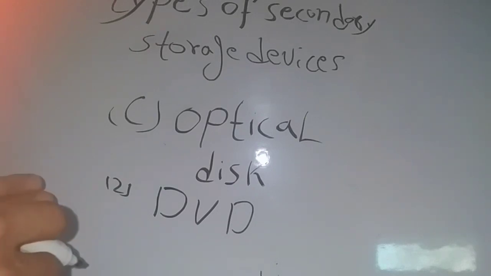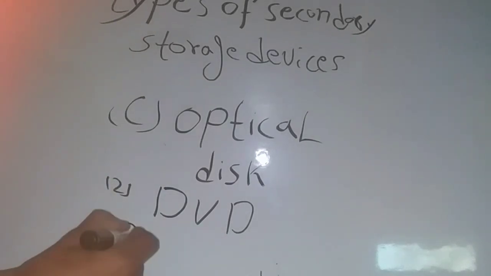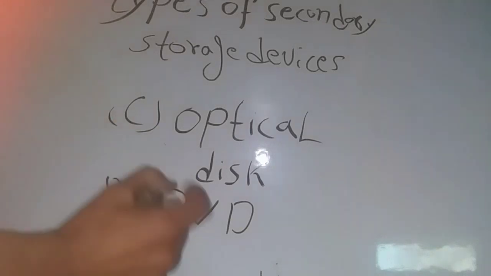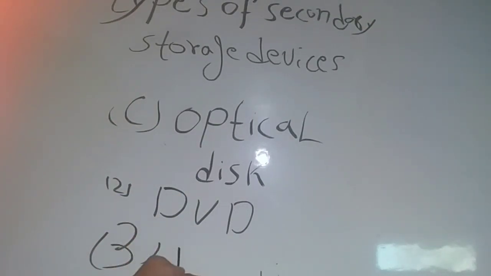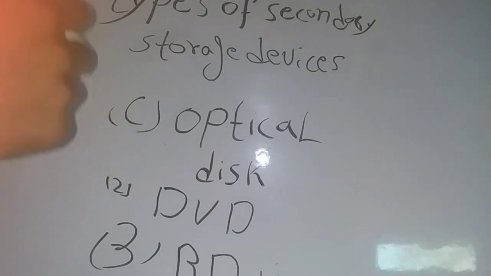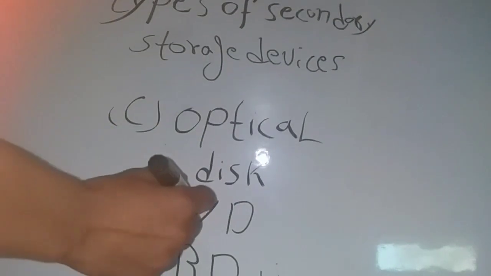DVDs are compatible with CDs, which means they can play CDs also. The third type of optical disk, Blu-ray disc, BD. What is a Blu-ray disc? A Blu-ray disc is an optical disc format designed to store large amounts of data. Blu-ray disc is a successor to DVD.